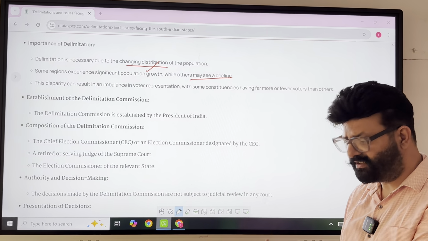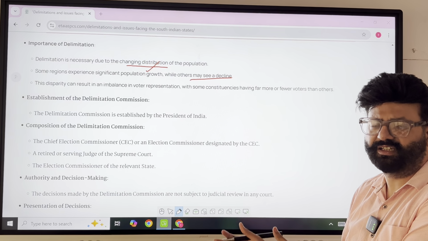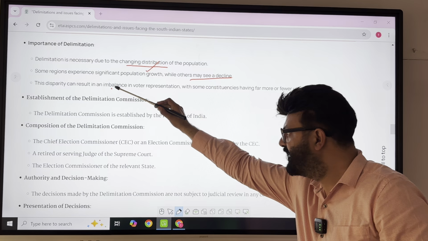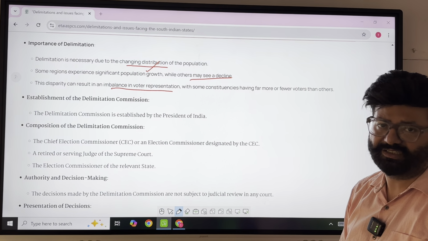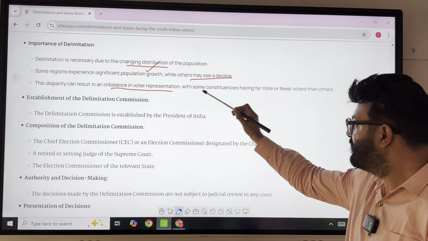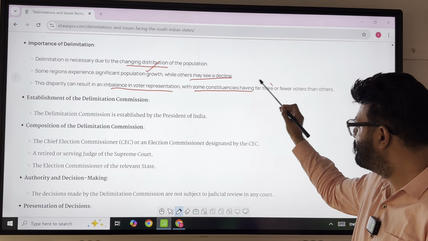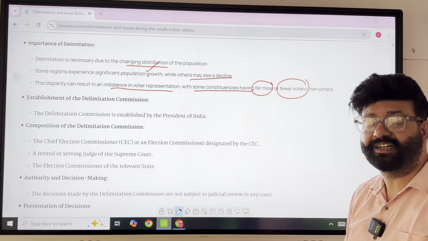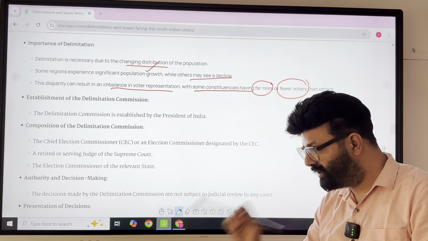So in certain areas there can be an increase in population, in other areas there can be decline. So the disparity can result in imbalance in voter representation. How imbalance will occur? With some constituencies having far more or fewer voters than others, this is against the essence of delimitation. I will give you an example.